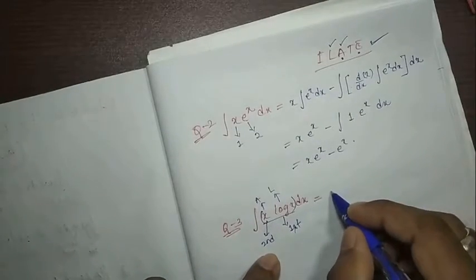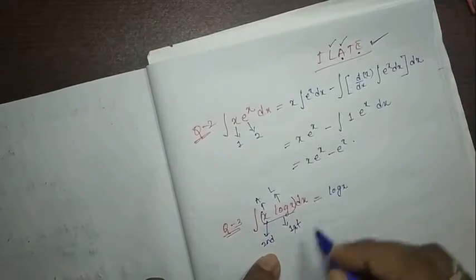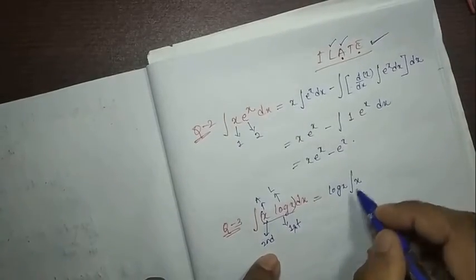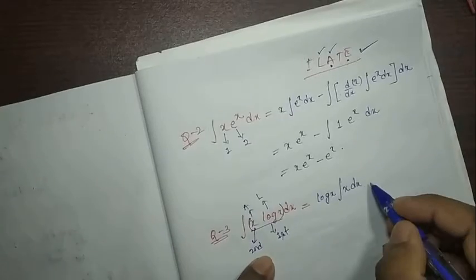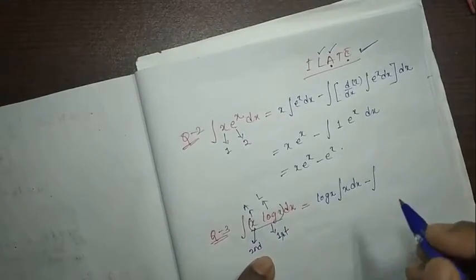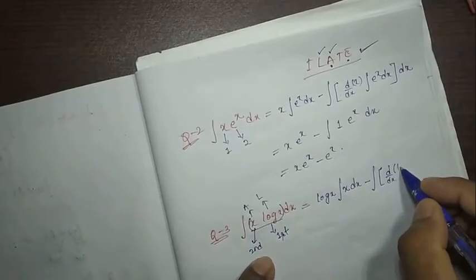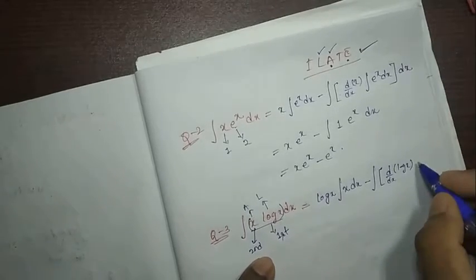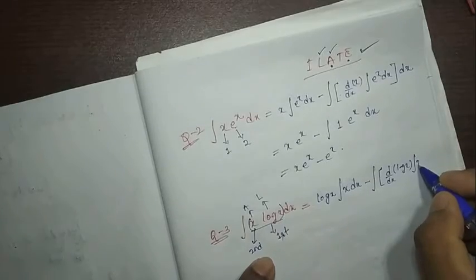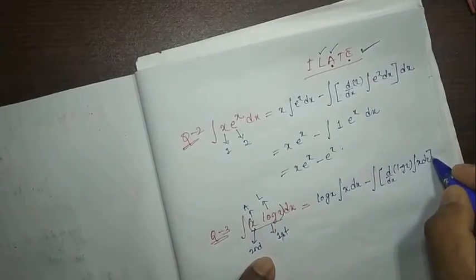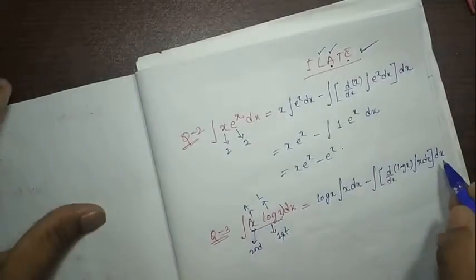So as per the formula, we write first function times the integration of second function, minus integration of d by dx of first function, log x, times integration of second function, bracket closed, then whole integration dx.